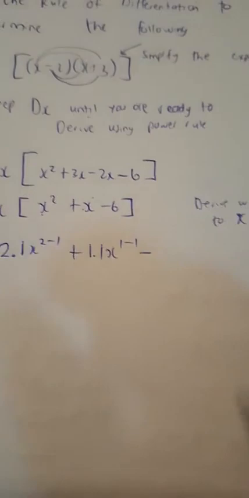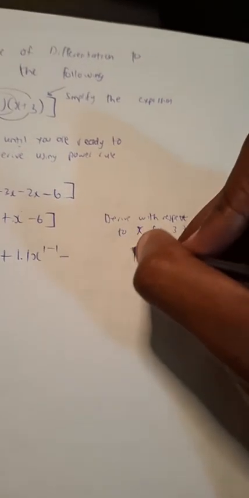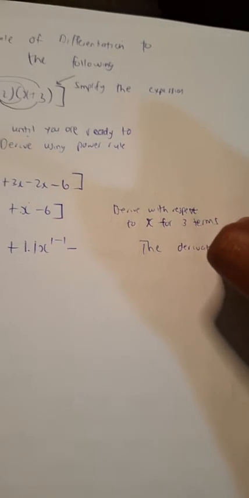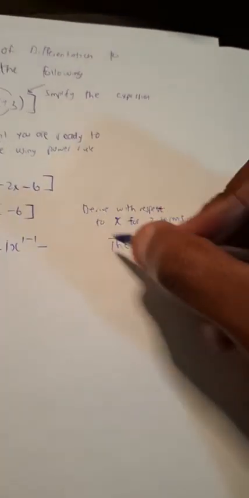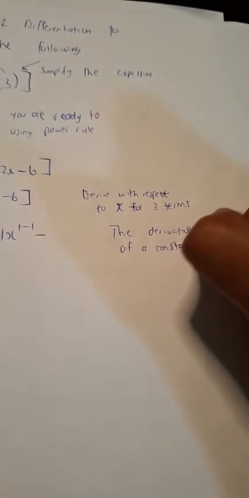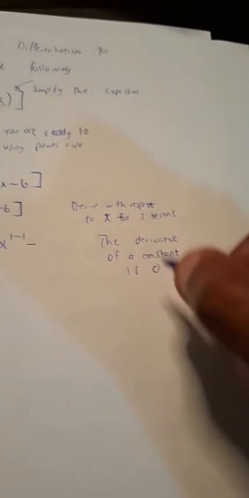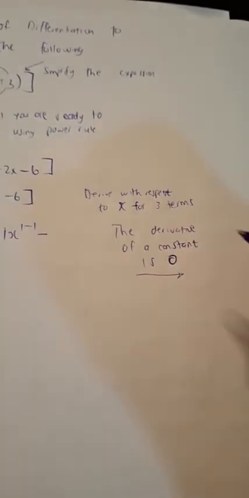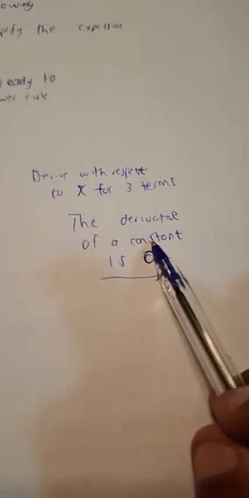And then lastly, the derivative of a constant is 0, guys. The derivative of a constant is 0.